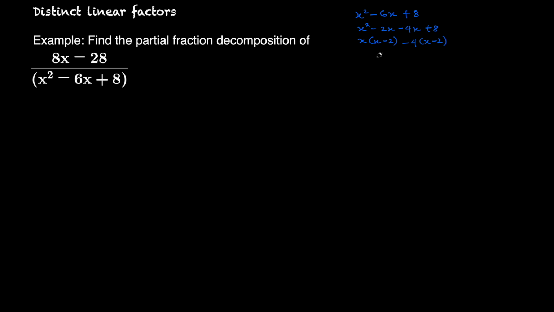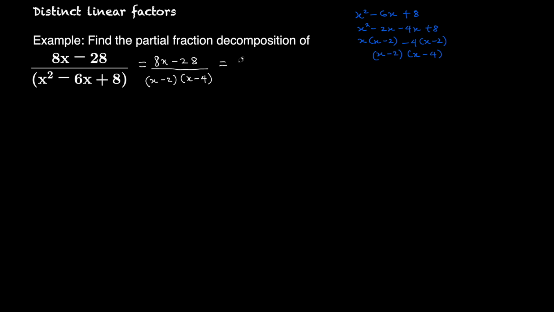So everything simplifies to x minus 2 and then x minus 4. So therefore you can rewrite this as 8x minus 28 divided by x minus 2, one factor, and then x minus 4, which is the other factor.